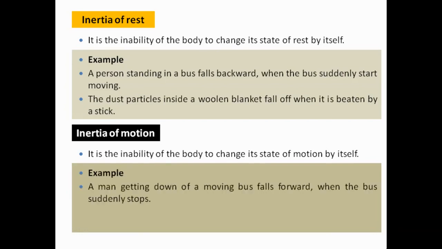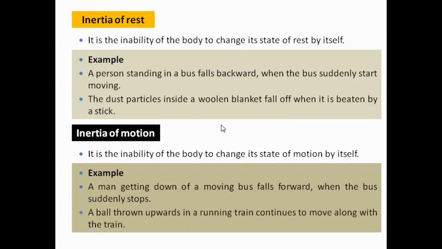A man getting down from a bus falls forward when the bus suddenly stops, because the upper portion of the man wants to move continuously, whereas its lower portion, which is in contact with the bus, suddenly stops. So the man wants to continuously move with the direction of the bus. A ball thrown upwards in a running train continues to move along with the train.